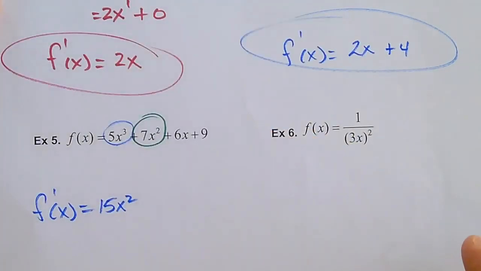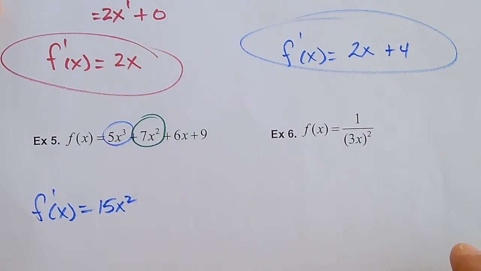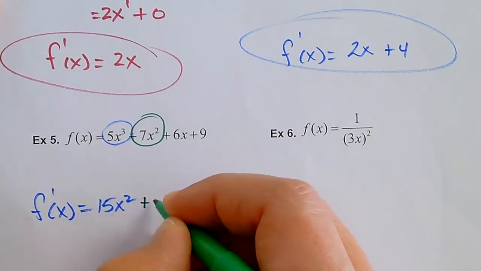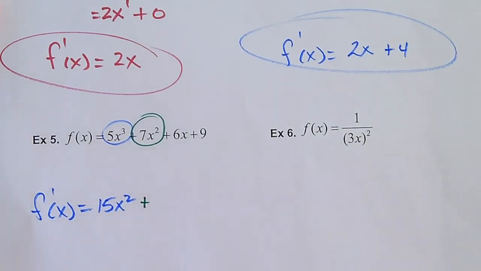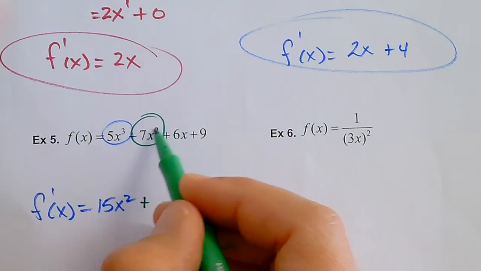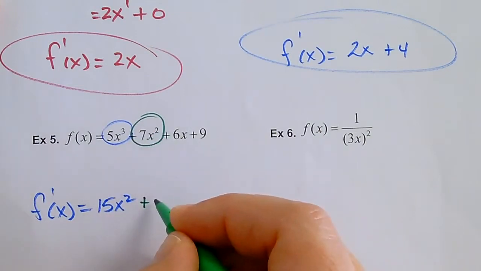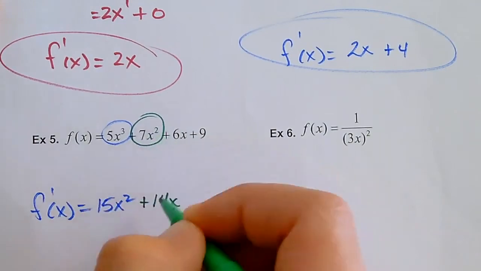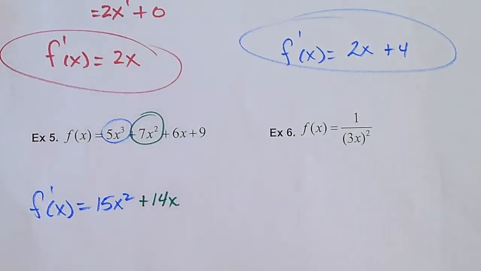I got 7x squared. Hayden, what do you got for that one? Don't forget to multiply these two. Yeah, 14x. Boom. Just take the 2 times 7 is 14 and then remove one of the exponents. Awesome.